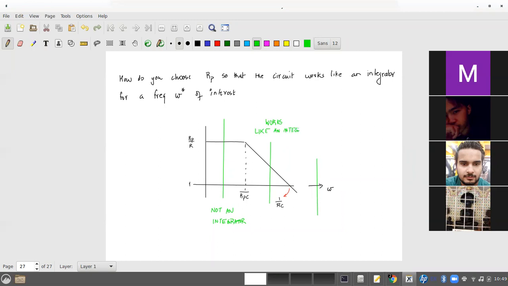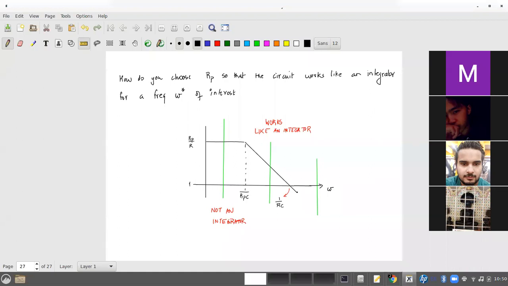What about the third part? It's still 1 by S, but there is a slight subtlety there. What about here? Will it work as an integrator here?